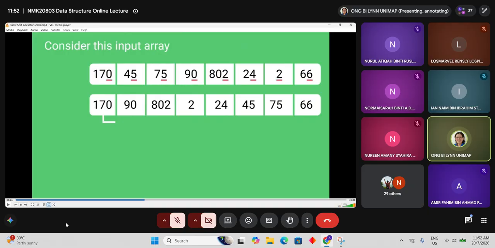Make sure that all the numbers you have, you make it 3 digits. For example, this 2, make it 002 so that you don't get confused. Alright?